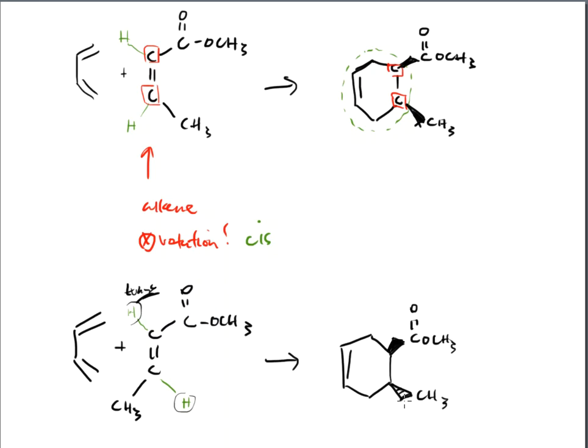Just pick one and do the dashed. That lets me know these are on opposite sides. The ester group is pointed toward me. The methyl group is pointed away from me. So stereochemistry stays intact. We can form chiral centers.